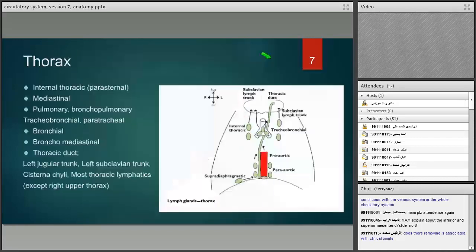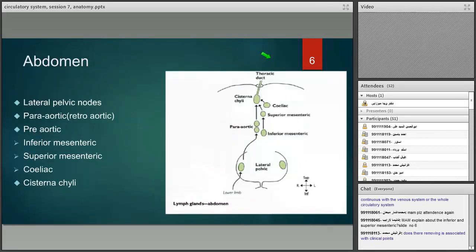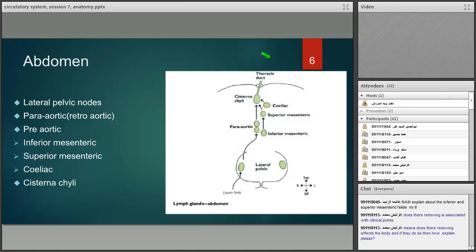Slide number 6, you said. I said the inferior mesenteric nodes drain the lymph from the parts where the inferior mesenteric artery supplies the blood, for example the descending colon, sigmoid colon, and the superior part of the rectum.